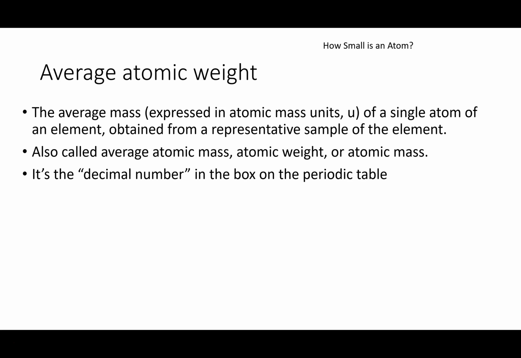That is how much a carbon atom in general weighs in atomic mass units. So we could take 12.011 and put U or AMU after it. That's how much a carbon atom weighs. They're very small, so we can't use kilograms, or we could, and we do sometimes, but AMU is a good unit to use.